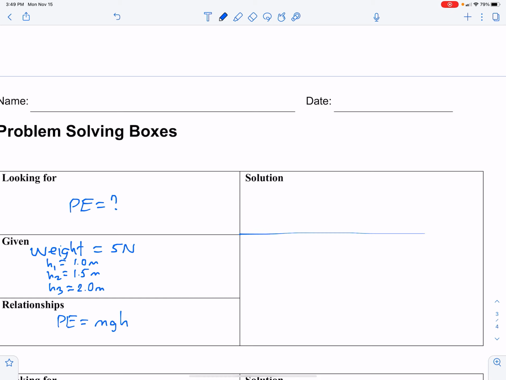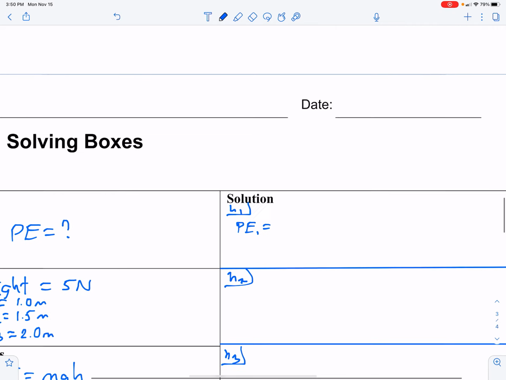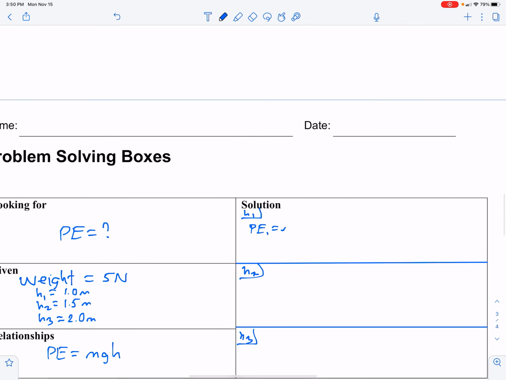And what we'll do, ladies and gentlemen, is we'll go ahead and split the solutions box in 3 so that we can make the calculation for H1, for H2, and for H3. So we're just partitioning the problems that we're working on. So for the potential energy 1 involves the mass times G times H1.